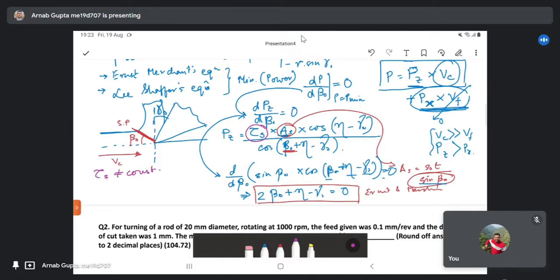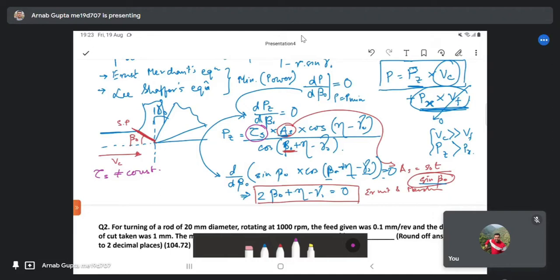How I am telling: we know that due to thermal softening of the material, the shear strength tau s varies, and also due to strain hardening, the material gets hardened and tau s increases. So these are two contradictory effects.